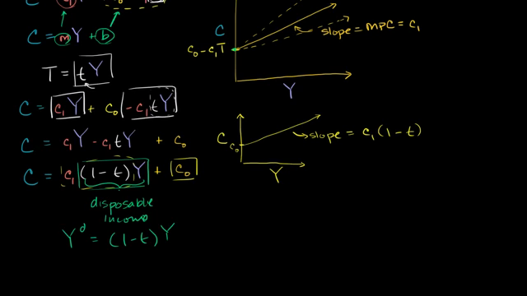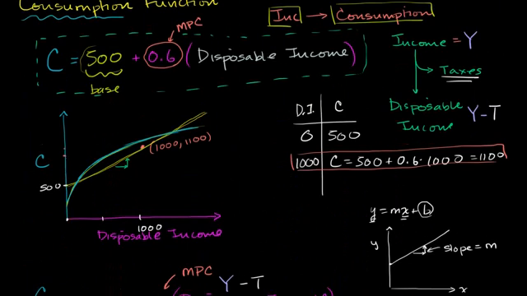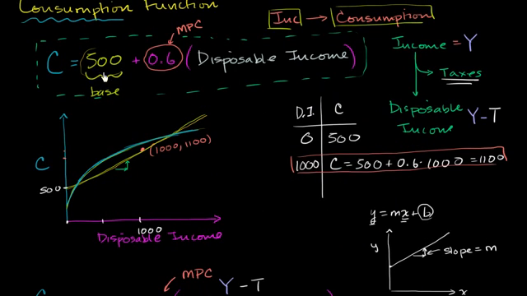Then we can rewrite the consumption function as aggregate consumption is equal to the marginal propensity to consume times disposable income, plus some level of autonomous consumption. And this takes us back to our very original situation, where we had some autonomous consumption plus our marginal propensity to consume times disposable income.